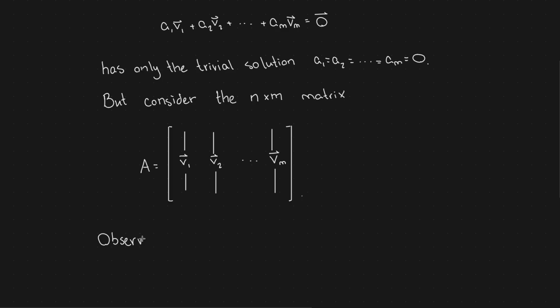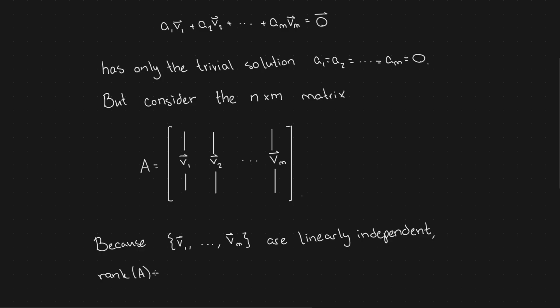Because the vectors v1 to vm are linearly independent, the rank of A must be equal to m.